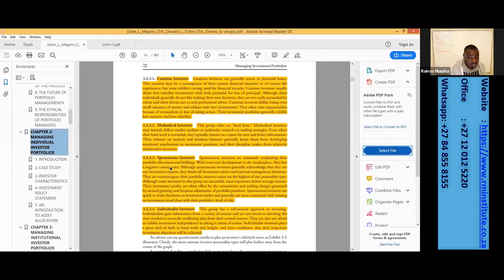Because of this, when they take on risk, they are mostly going to be found between moderate to moderately aggressive types of investments, because they are prepared to stick to the long-term investment horizon.